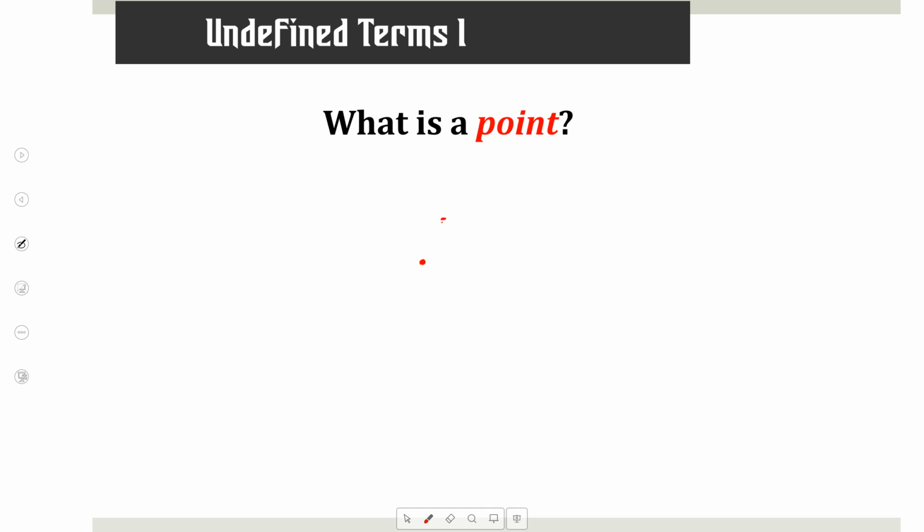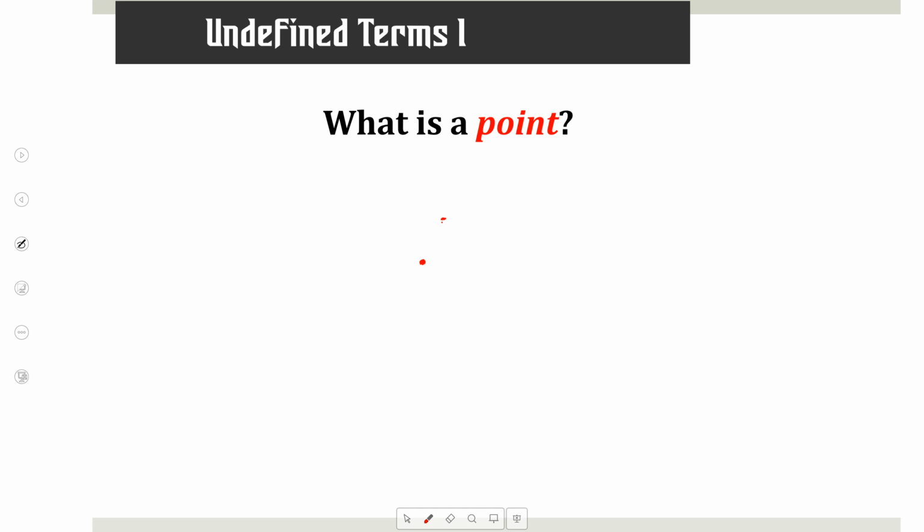Do we all agree that that's a point? Anybody want to counter that argument? It's a dot, not a point. Okay, so then what's the difference between a dot and a point? It's called different things?